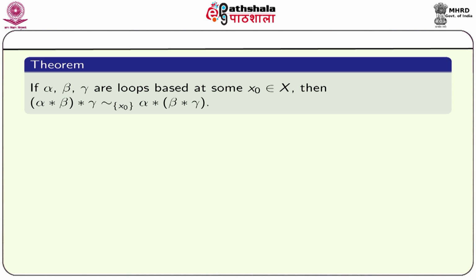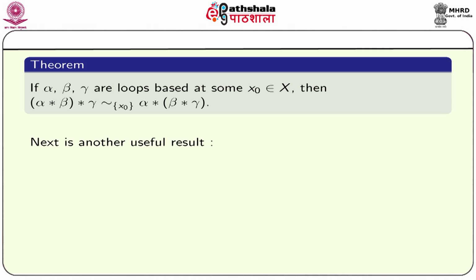So, as a special case of this theorem, we get that if alpha, beta, gamma are taken as loops based at some point x0, then these two products are path homotopic relative to the base point x0.